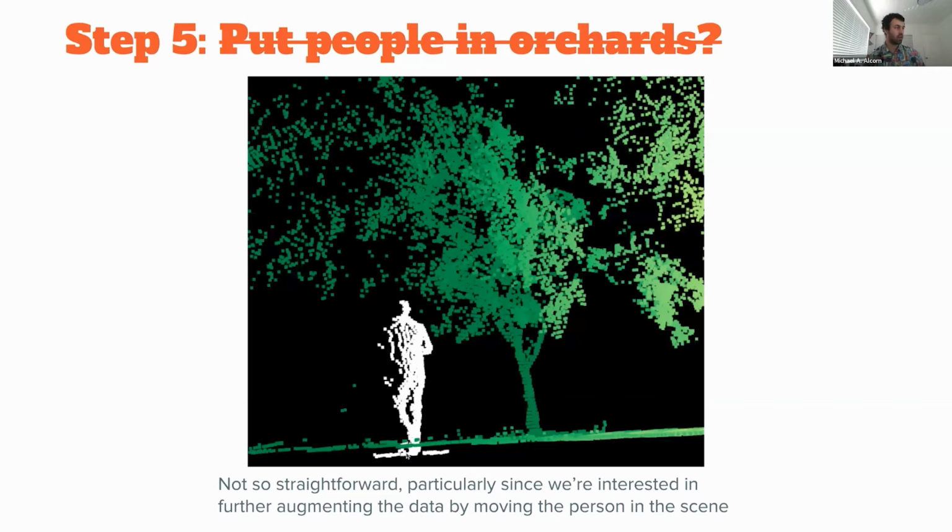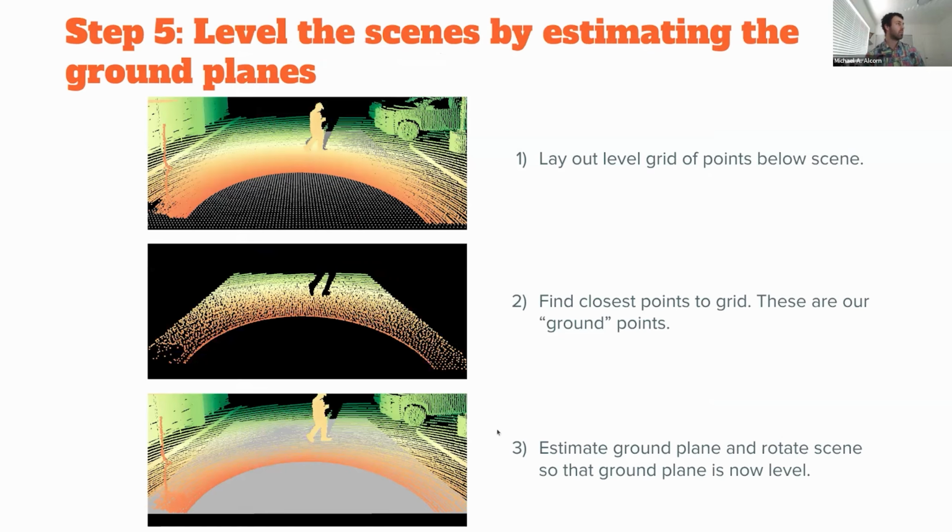You can see that even though the human hasn't been moved at all in terms of the XY coordinates, they're below the ground. And so we need to be careful about how we're moving the human in the scene. That's where this leveling step comes in.